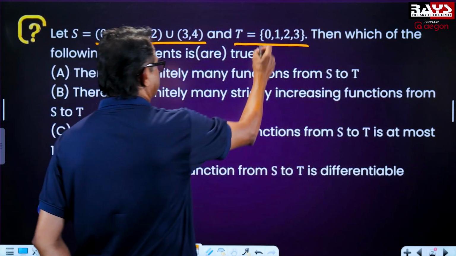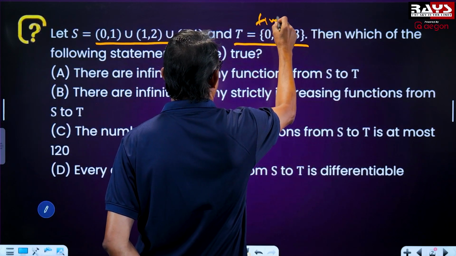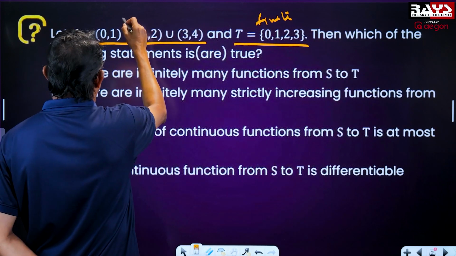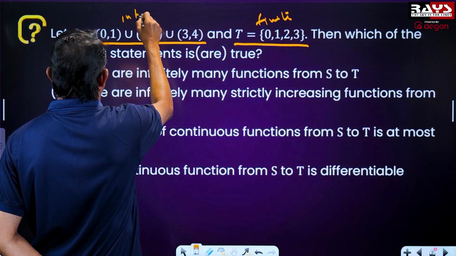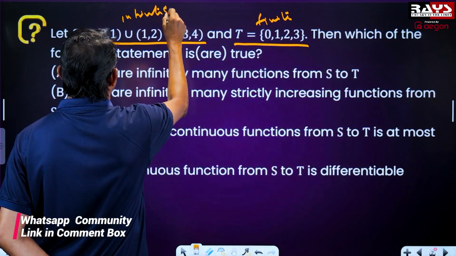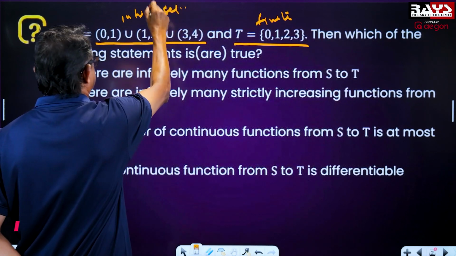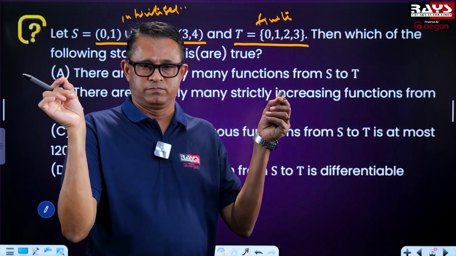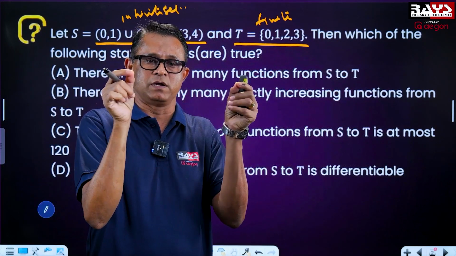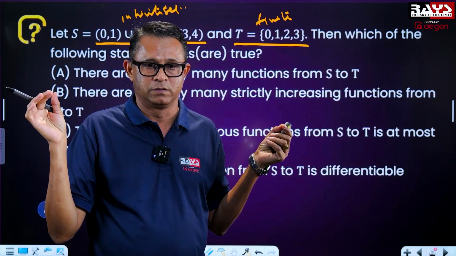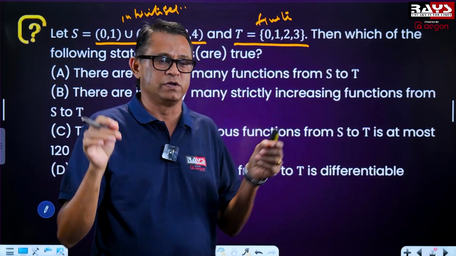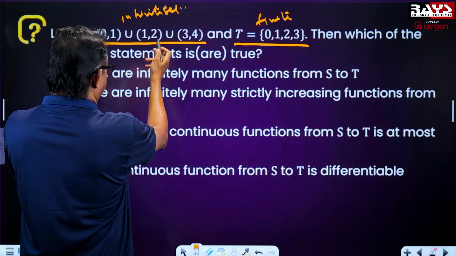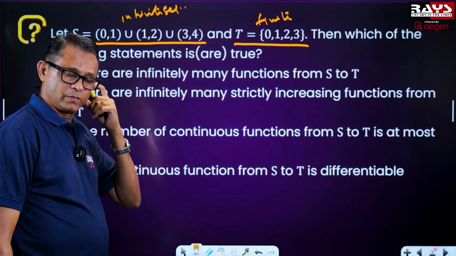This is a finite, discrete set, and the domain is an infinite set, because the interval (0, 1) is infinite. There are infinitely many real numbers between 0 and 1. Similarly for the open interval (1, 2) and the open interval (3, 4).